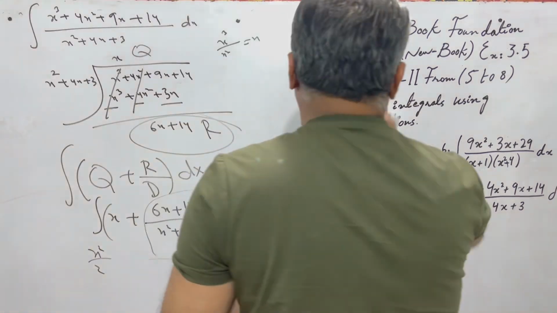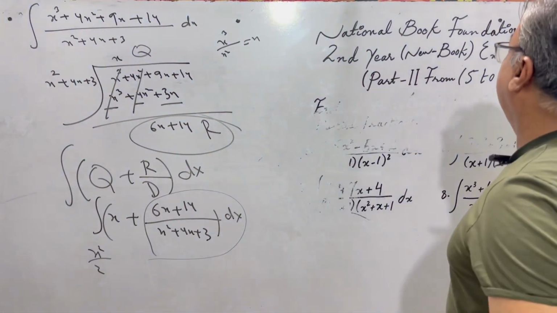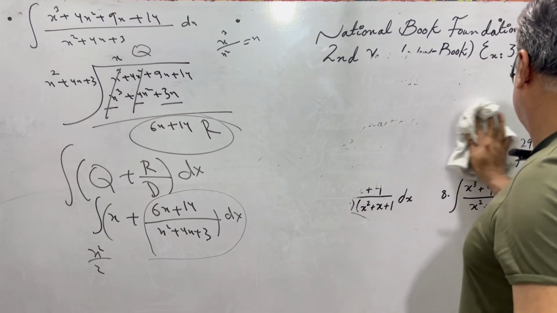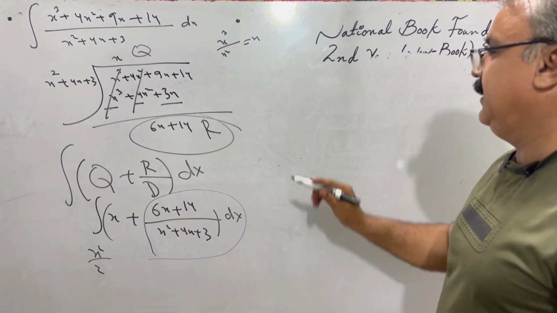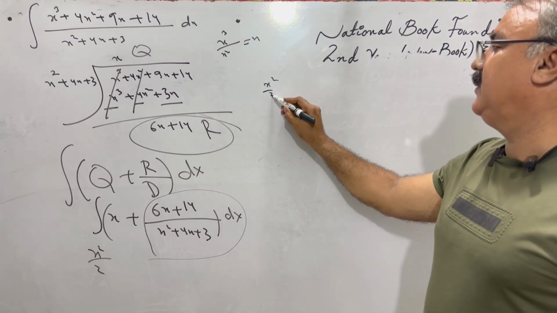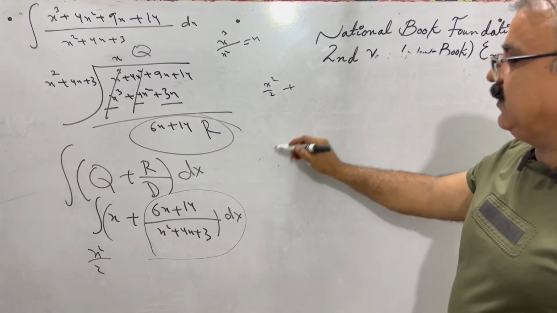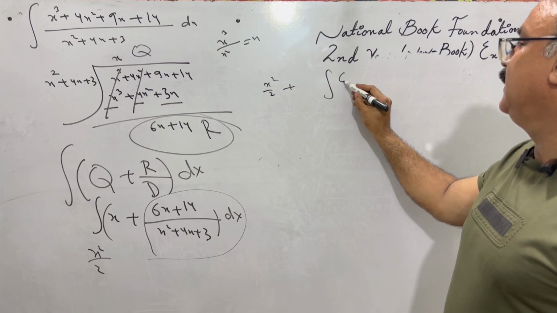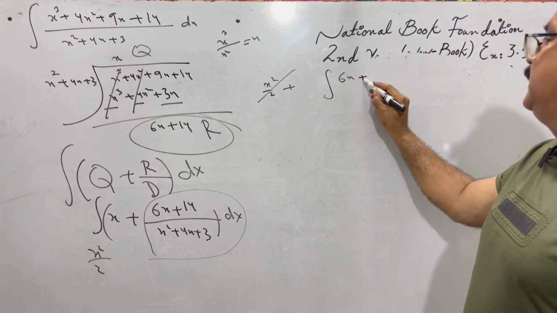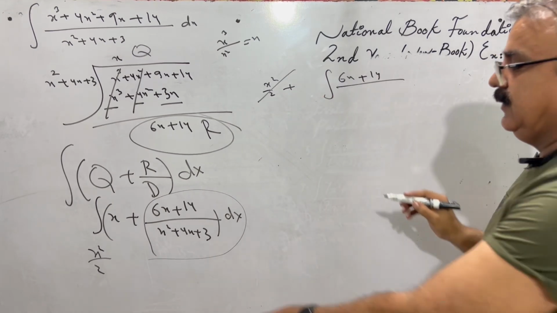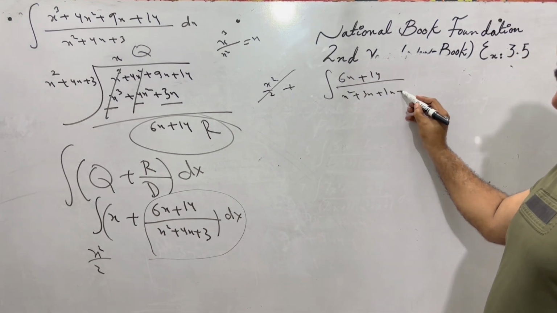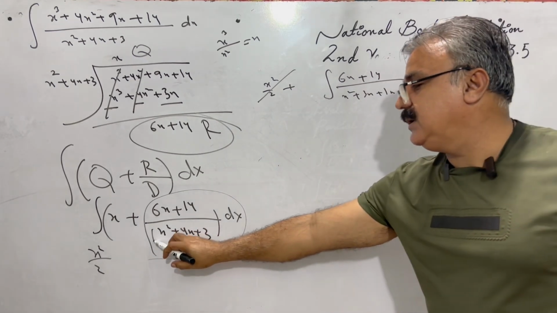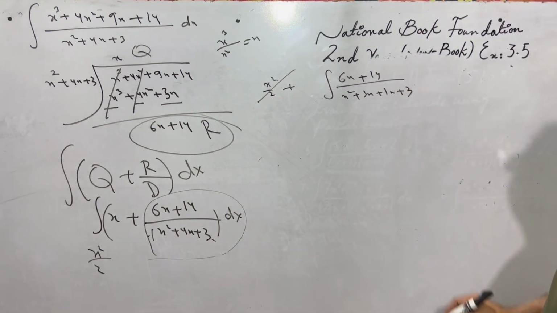Let me make a space. I write x square upon 2 here and forget it. Take only this 6x plus 14 for the time being, divided by the factorization of x square plus 4x plus 3. 1 times 3 is 3, 3 plus 1 is 4, middle term breakup.